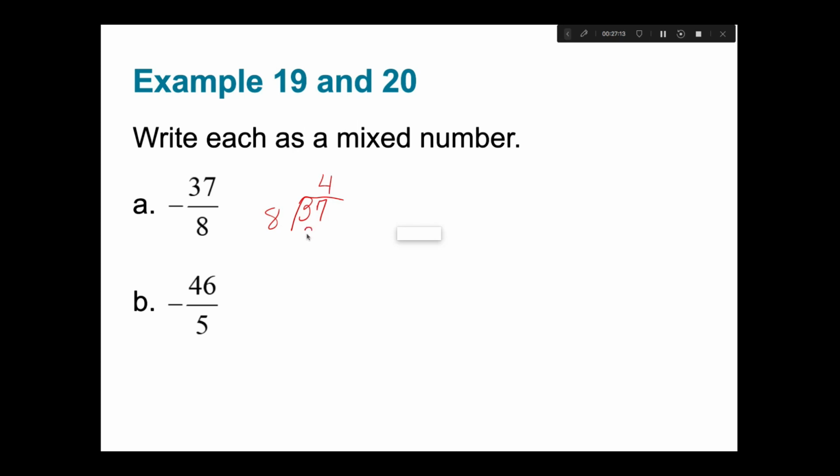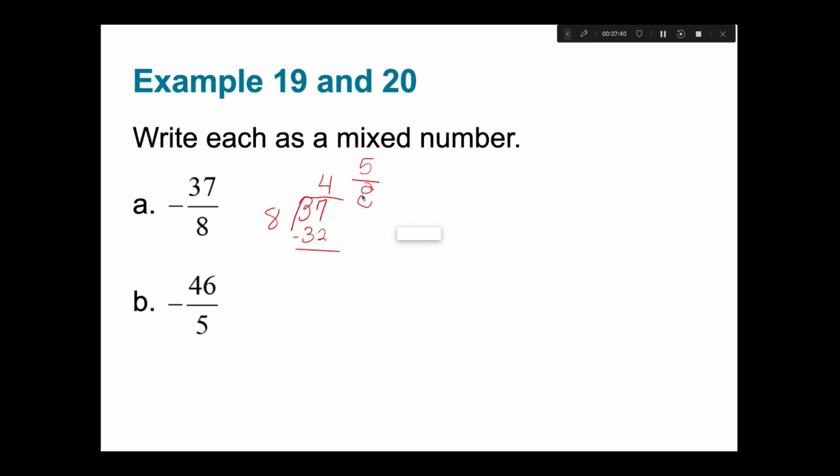4. What do I have when I subtract? Mason, pay attention. What's 37 minus 32? 5. So I end up with 5 over the top of what? What number is my denominator here? 8.